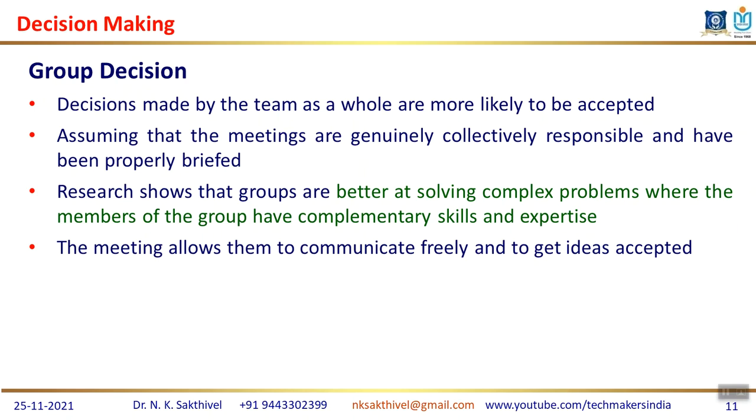But here the problem is, let us consider a 5 members committee. All the 5 members are smart and intelligent. There may be 5 different solutions for the problem. We cannot tell, okay, the first member's suggestion is correct, or the second board member's suggestion is correct, and all the 5 members' suggestions will be correct. At the same time, we cannot consider all 5 members' suggestions.